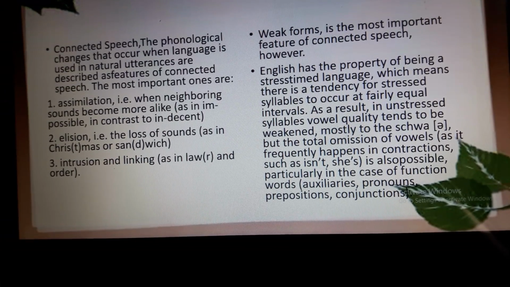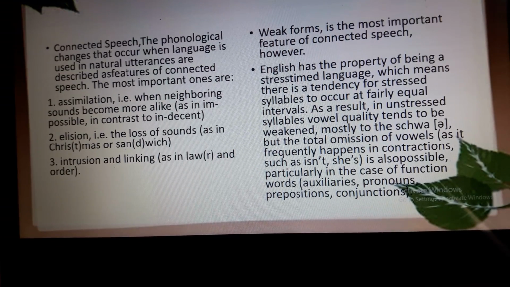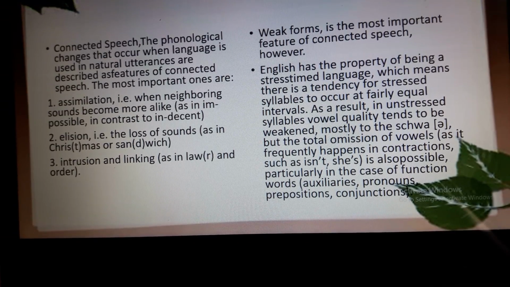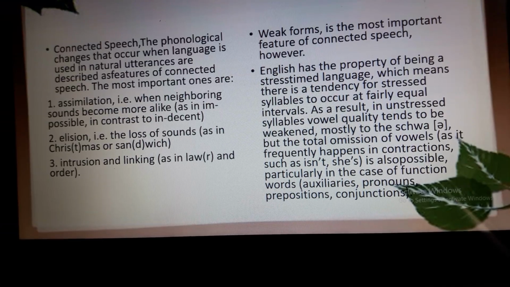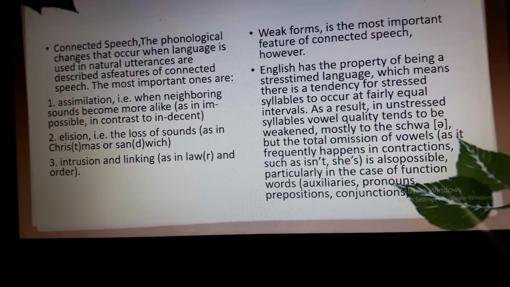And next, we have weak forms. It's the most important feature of connected speech, however. And the last, English has the property of being a stress-timed language, which means there is a tendency for stressed syllables to occur at fairly equal intervals.